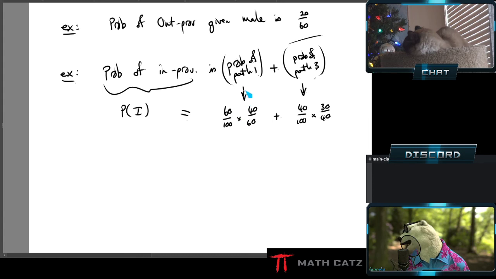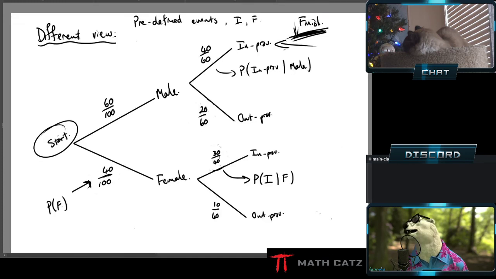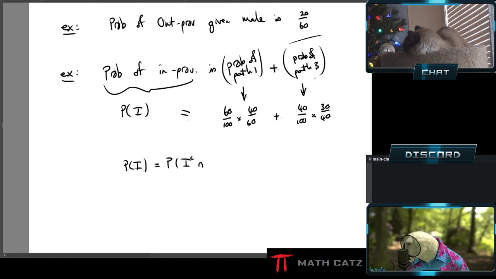I don't have to go all symbolic and do stuff here, but if you want to, I totally can. It doesn't really help. Path 1 is the probability of being male, which is technically not female, and... What was path 1? In province. Sorry, no, female. Sorry, I mixed them up. Not female and in province.